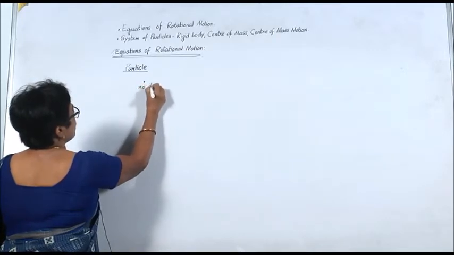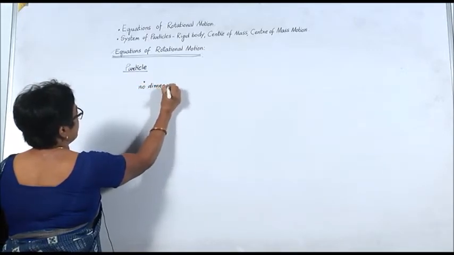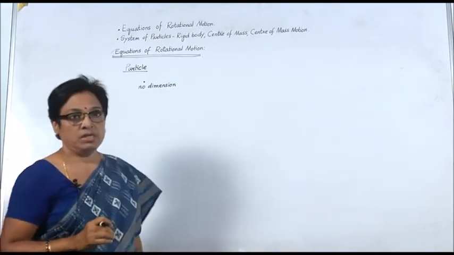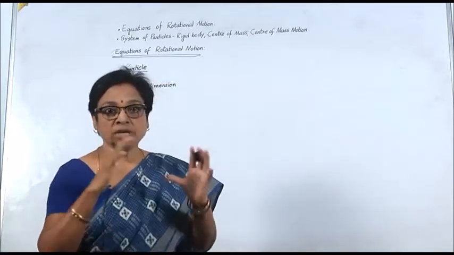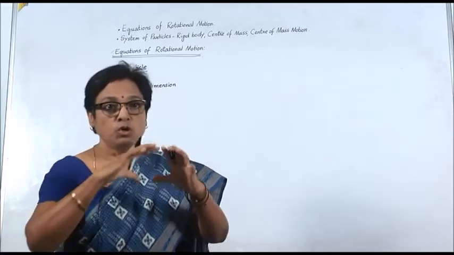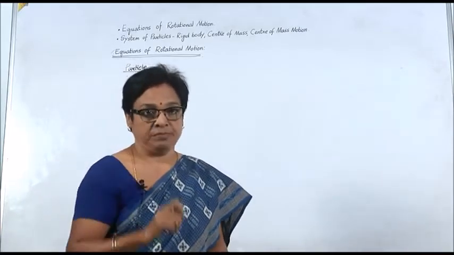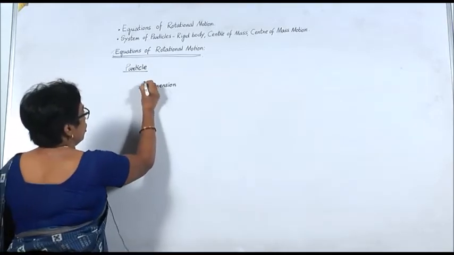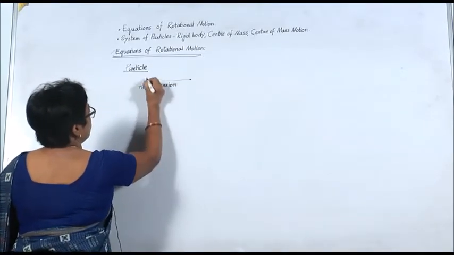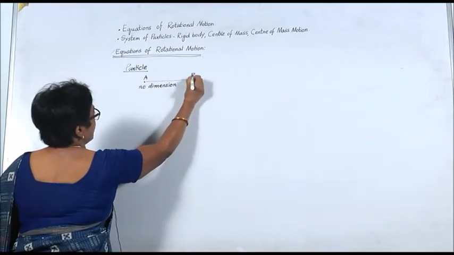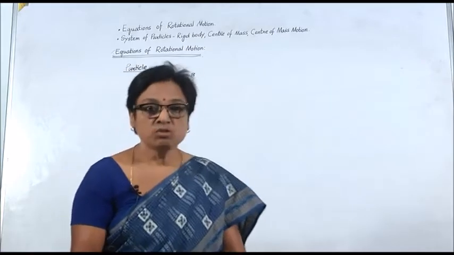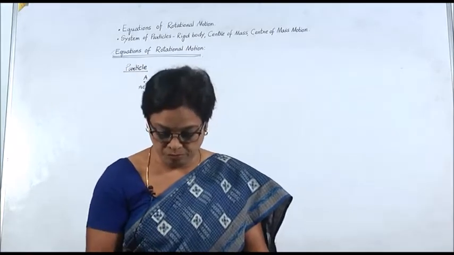So, you say that it has no dimension, then we say it is a particle. It has no extension, it has no area, no volume, no shape, it is a point. Now, such a particle undergoes a linear motion when it moves in a straight line from A to B, then you say it is a linear motion.